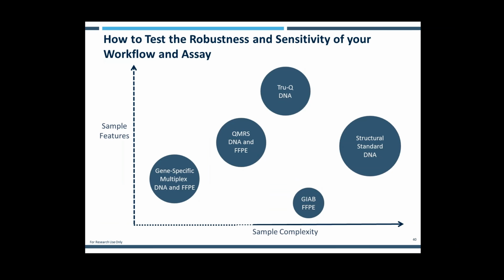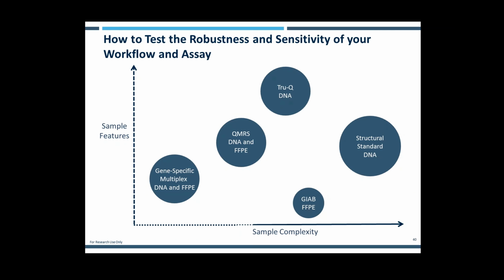What I've got here is a very nice summary slide of the five different groups of reference standards that we have developed at Horizon. It's a bit of a teaser slide, so if you want to know more about it, then please do get in touch with us. On this graph, we've got on the y-axis the sample features, so that's how many mutations we have included in the sample.